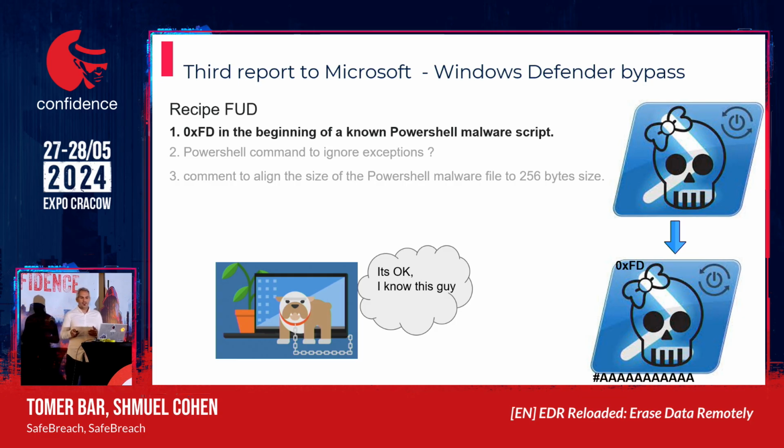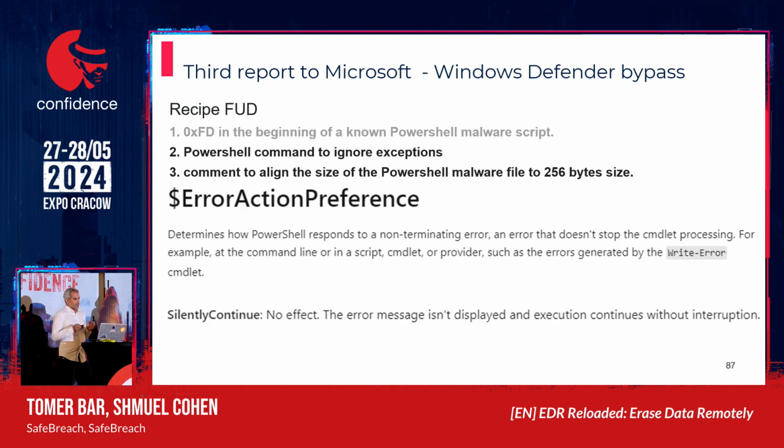We tried to add the FD byte to the beginning of scripts, but it's, of course, not a legit script command. So we tried to bypass this limitation, and we found out that PowerShell supports a special setting called ErrorActionPreference, and you can set it to ignore.